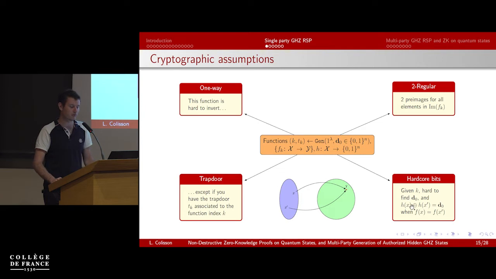For some function h that is also part of the protocol, you must always have h(x) XOR h(x'), where x and x' are your 2 preimages. This quantity must always be a constant equal to this d0. These are the properties that we would like to have in order to have the security of our protocol. I will explain later, but we have some candidates that are based on the Mahadev-Peikert construction.